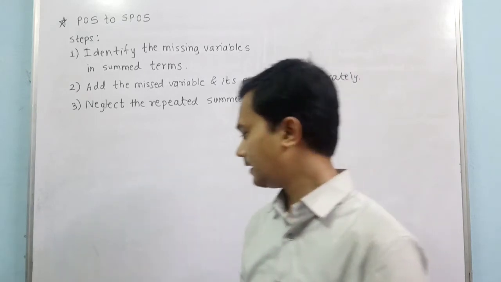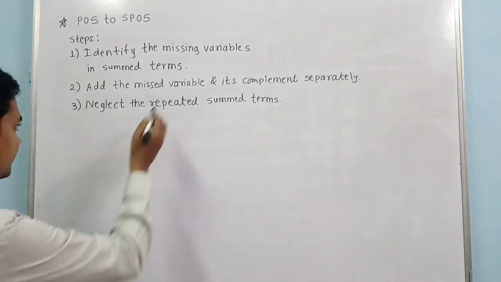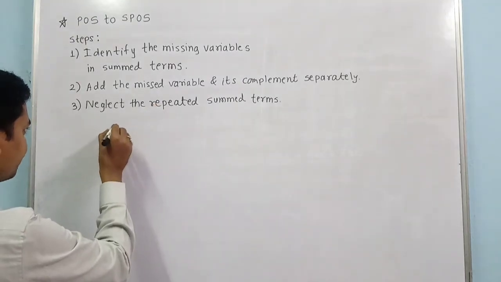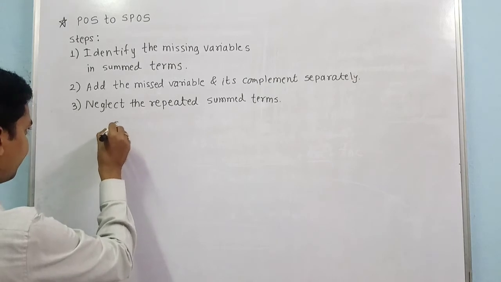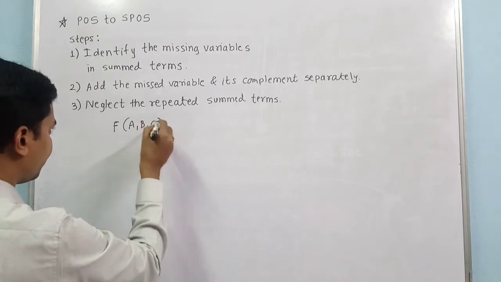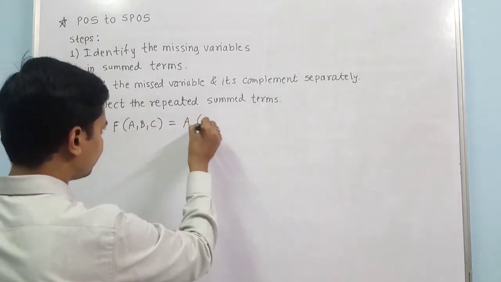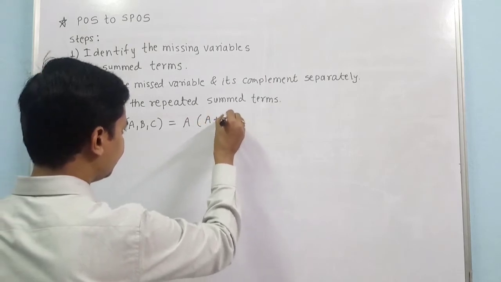Let us see one example to understand how to convert POS to SPOS. Let us assume the example is capital F of A, B, C. So we have a three variable expression: A into (A plus C).